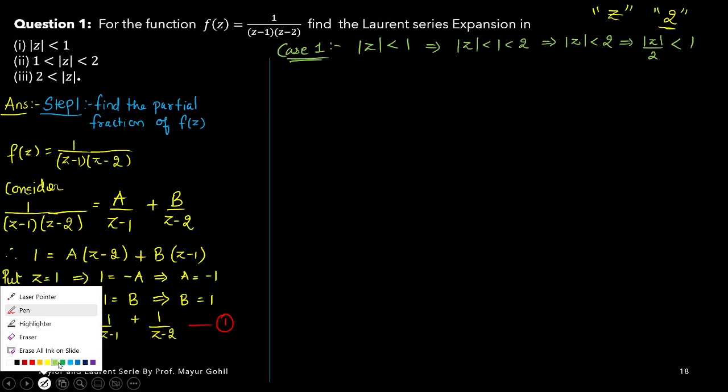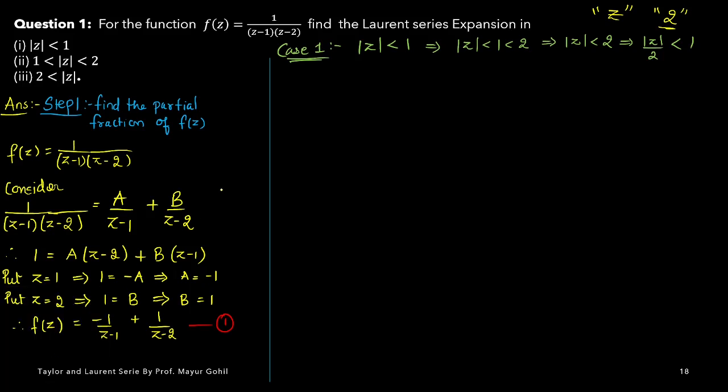Now, in this partial fraction that we have taken, let me show you how it happens. This minus 1 over z minus 1 plus 1 over z minus 2.